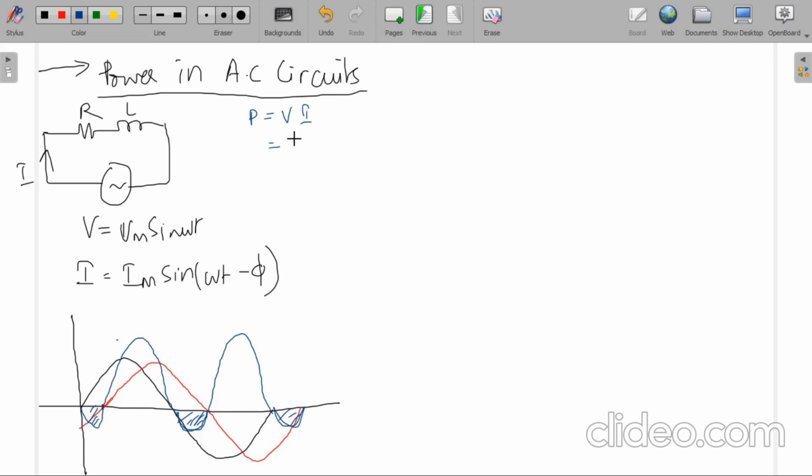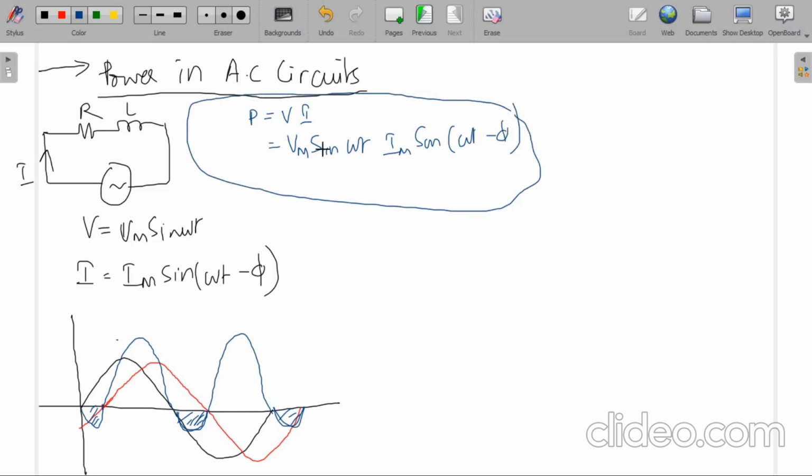So Vm sin omega t, Im sin of omega t minus phi. This is the instantaneous power. I am not interested in instantaneous power, I am interested in average power as it indicates power consumption in the circuit.